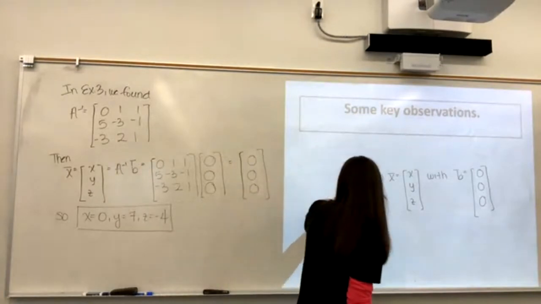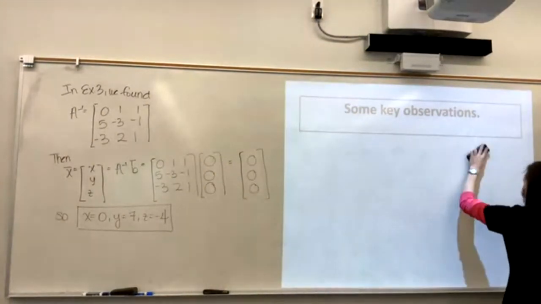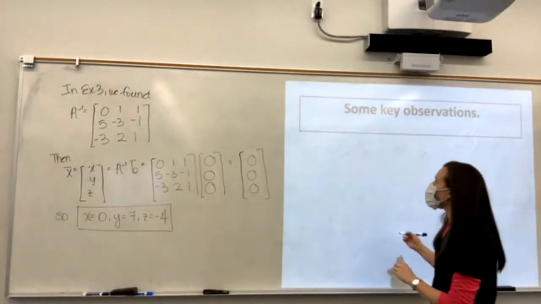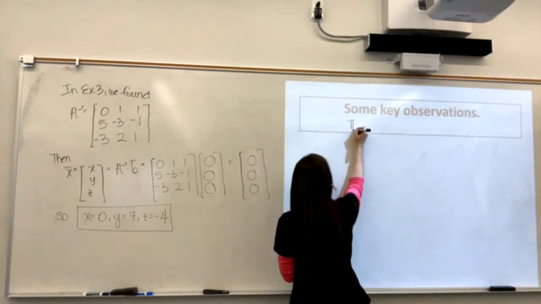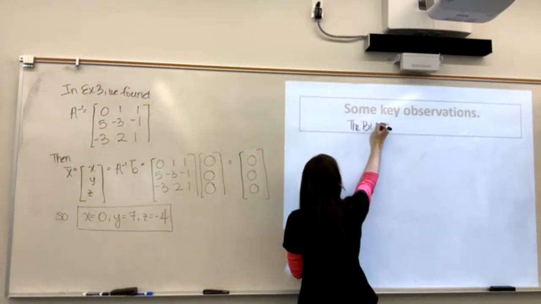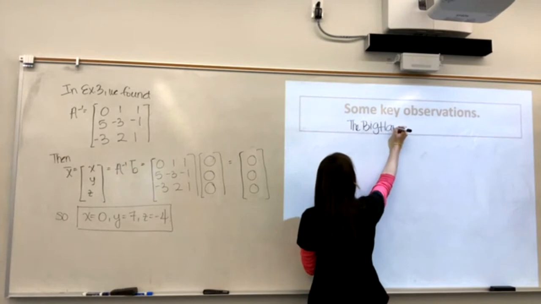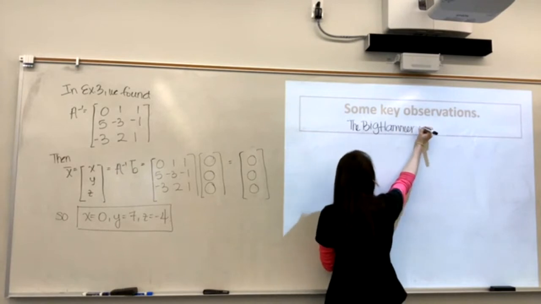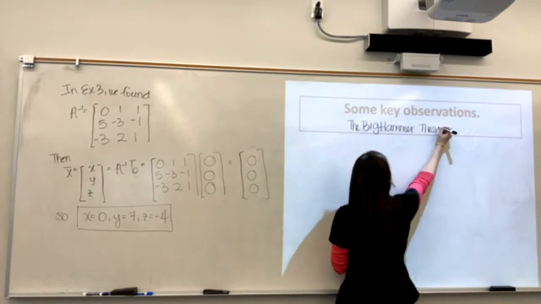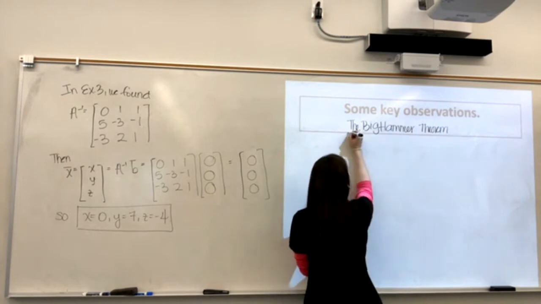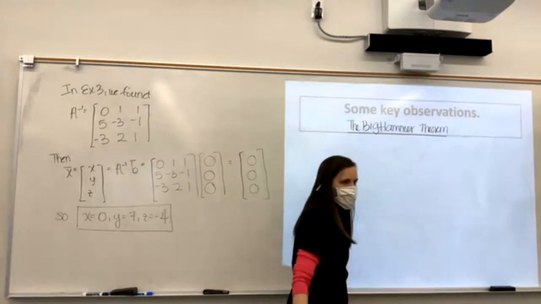Okay, so that leads us to the beginning of the biggest theorem in the entire course. And I call this theorem the Big Hammer Theorem. So let me tell you what it says, and then I'll unpack why in the world I call it the Big Hammer Theorem.